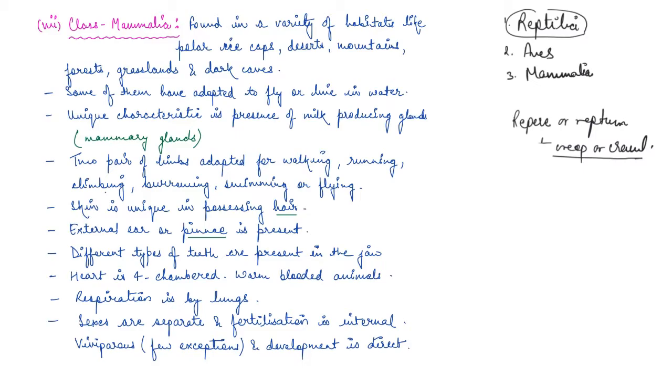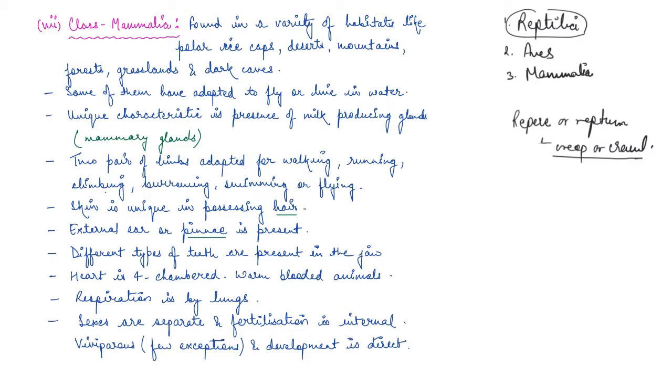Now, the most unique characteristic of the class Mammalia is presence of milk producing glands which are known as mammary glands, and this is how they got the name Mammalia because they have milk producing glands known as mammary glands, right? Now these glands basically are the process through which the young ones they reproduce are nourished.